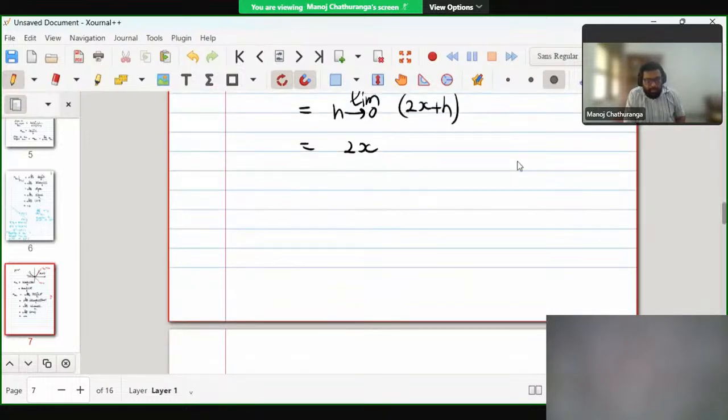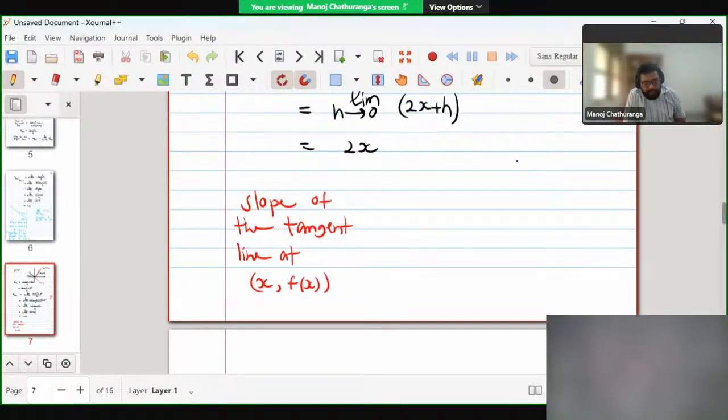Likewise, the slope of the tangent line at x, f of x is, our notation is dy over dx, or f dash x.